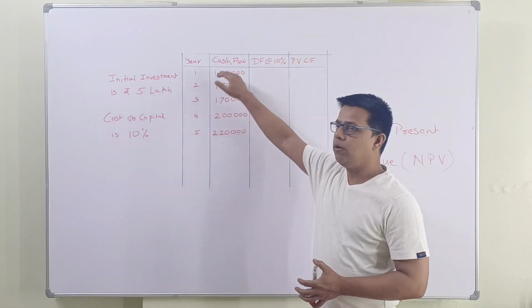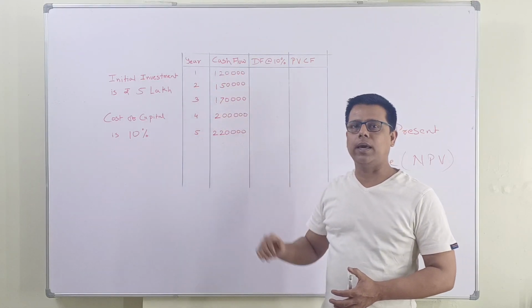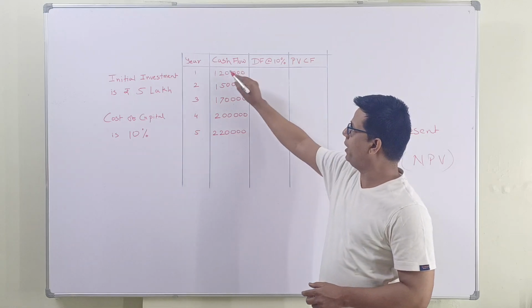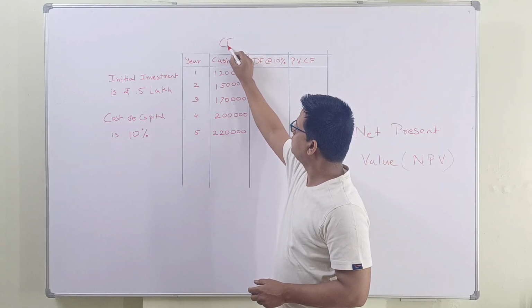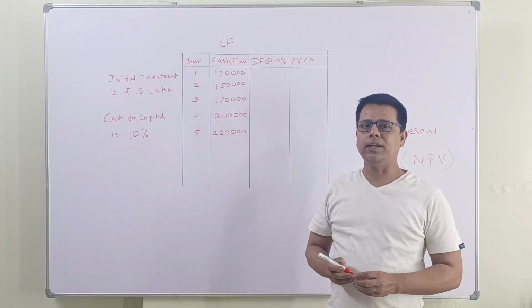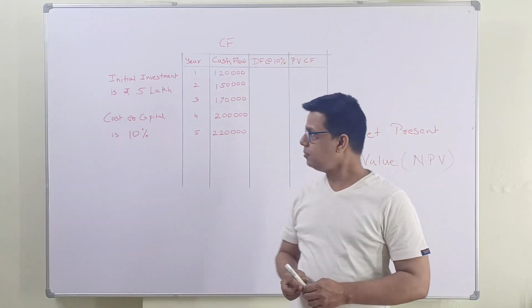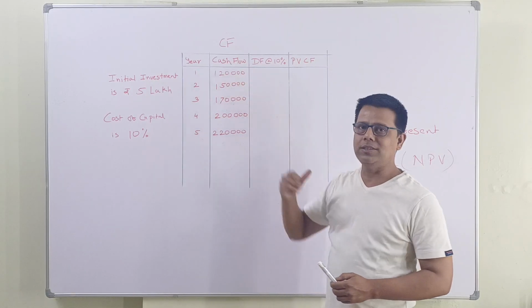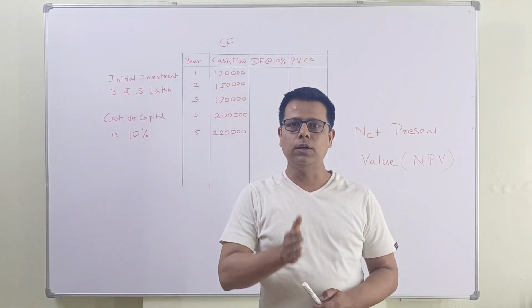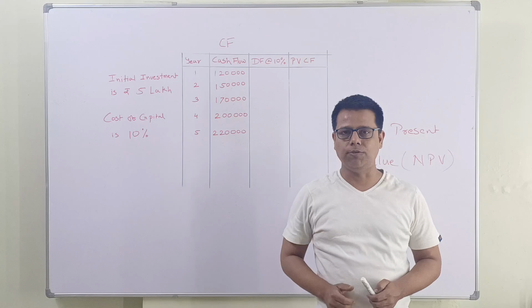Further, we have 5 years expected cash inflow. So this is called as cash flow, or you can in short call it as CF, that is cash inflow. So we have 5 years data. So each year company is expecting to earn certain amount as cash inflow.